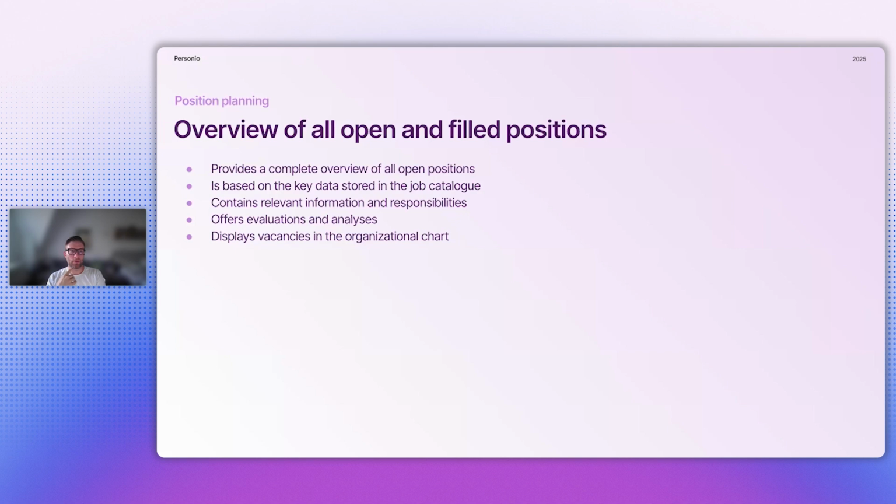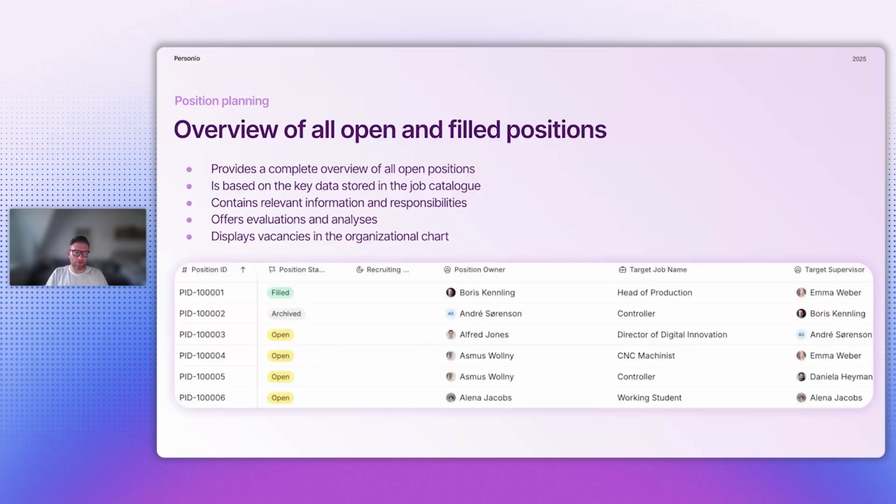It offers you a variety of evaluations and analysis, and it also displays the vacancies in your org chart. So when you have an open position, it's possible to view it in the org chart to see where this position might be located.